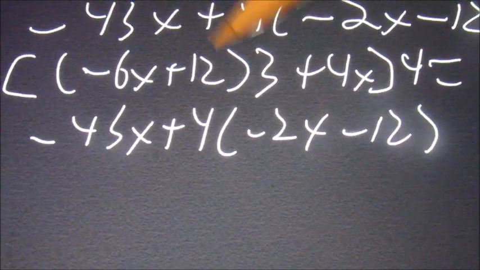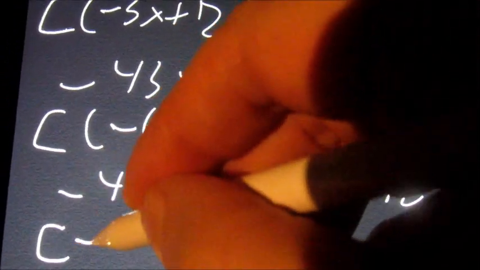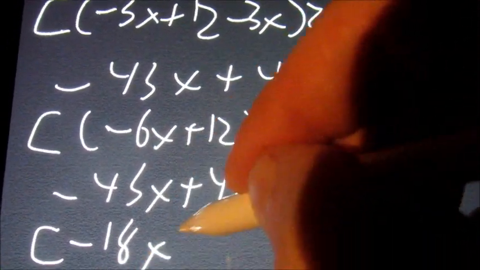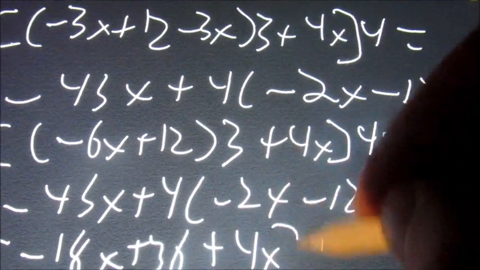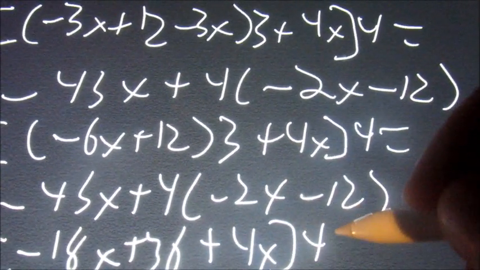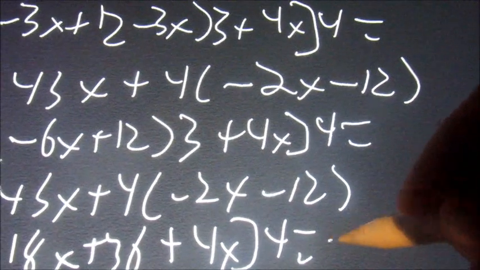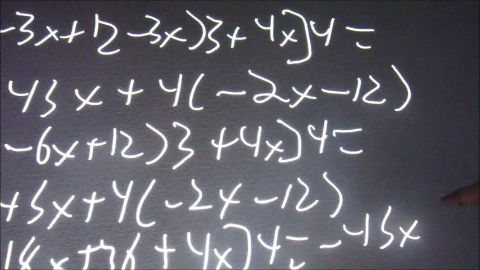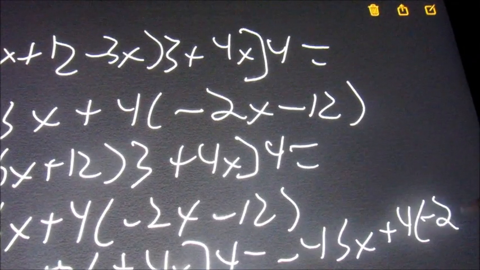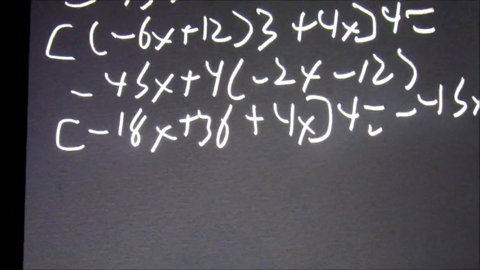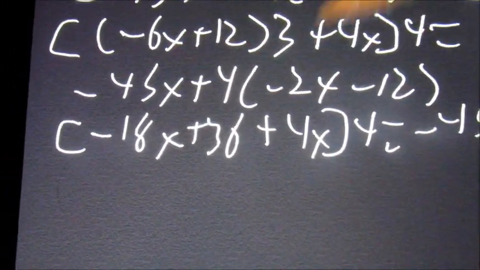I'm going to have to distribute this 3. So I'm going to open my bracket, and I'll have a negative 18x plus 36 plus 4x, close the bracket, times 4, equals negative 45x plus 4, open parentheses, negative 2x minus 12. Okay, here, now I'm going to combine like terms.